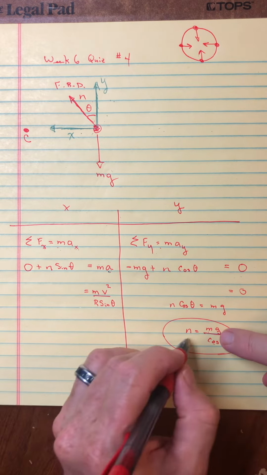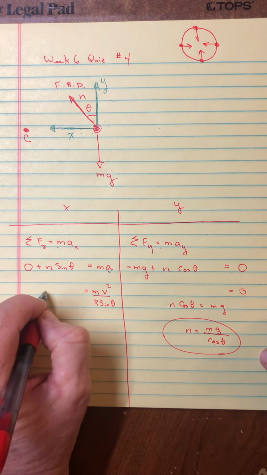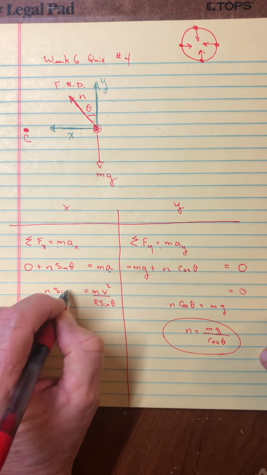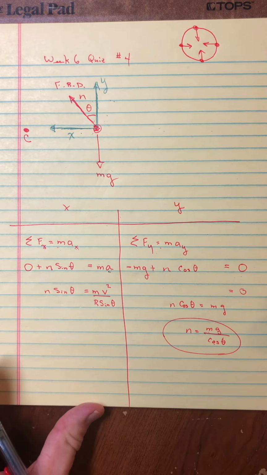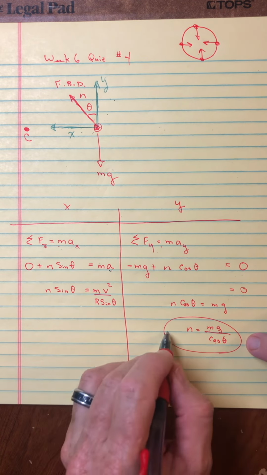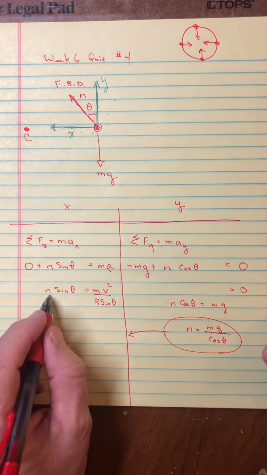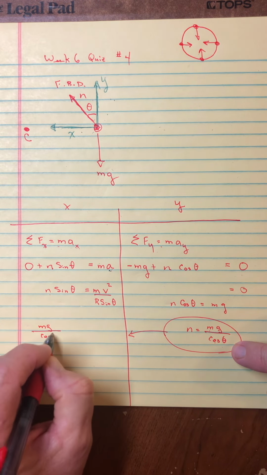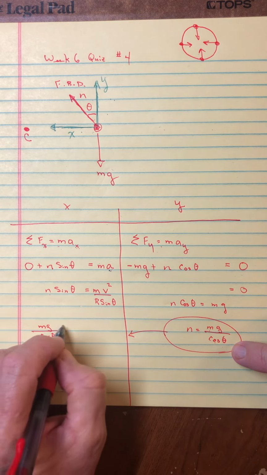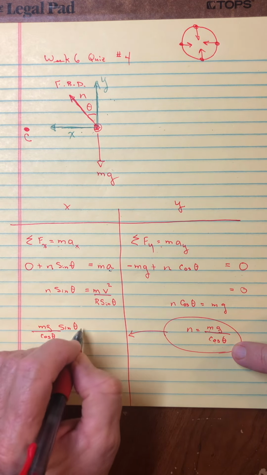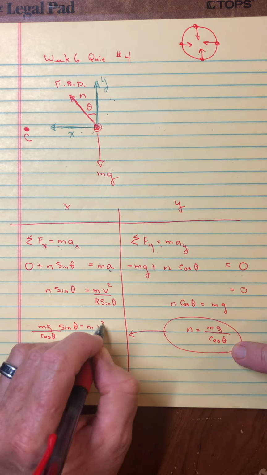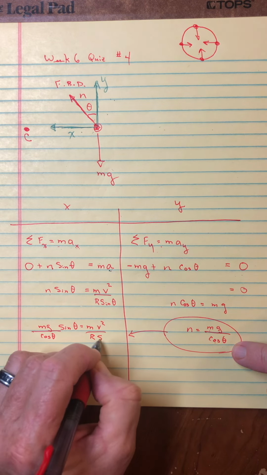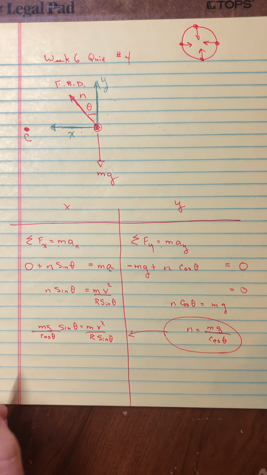And then, of course, over here, I would have normal force times sine theta. If you wanted to keep working on the math, I guess I could replace normal force with mg over cosine theta. And then I have this sine theta, and then I have this mv squared over r sine theta.